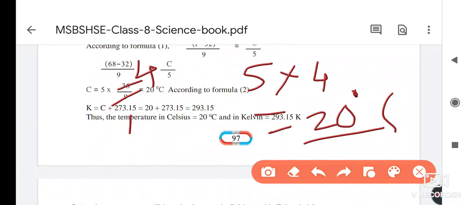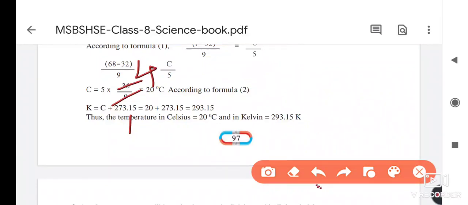Now with the help of the second formula, Kelvin is equal to Celsius plus 273.15, which is 20 plus 273.15, equal to 293.15 Kelvin.